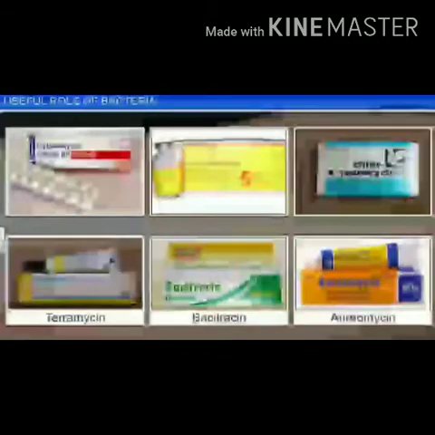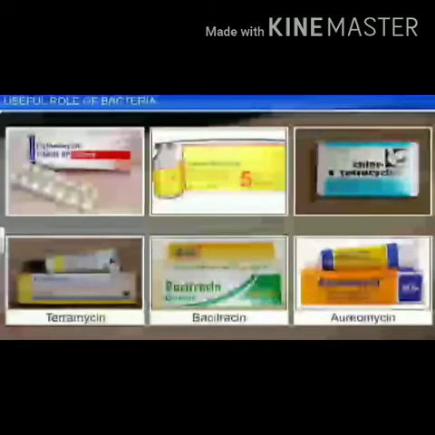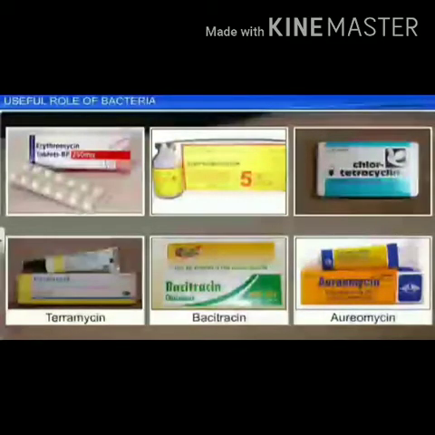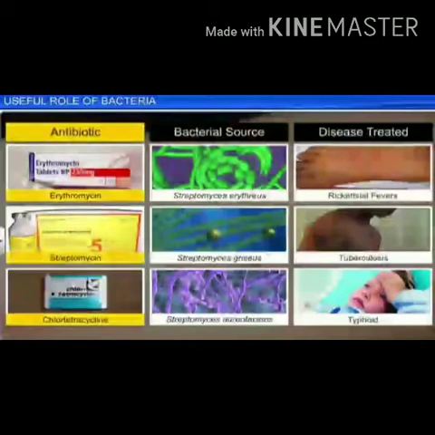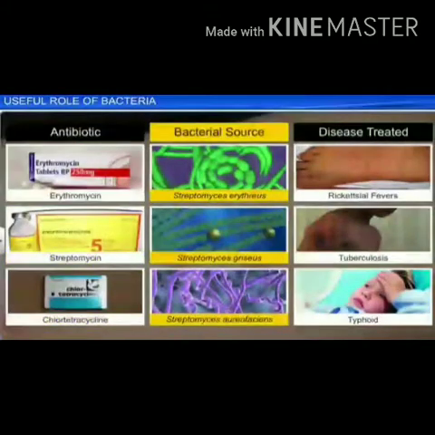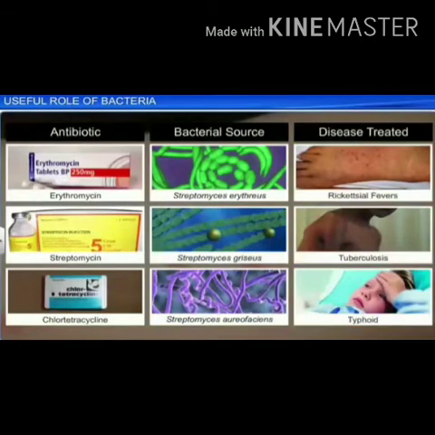Today, there are over 8,000 antibiotics known to science, which are used in the treatment of several infections. The table here shows some important antibiotics, their bacterial sources, and the diseases that they treat.